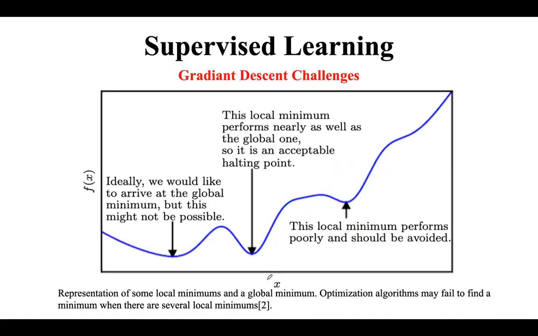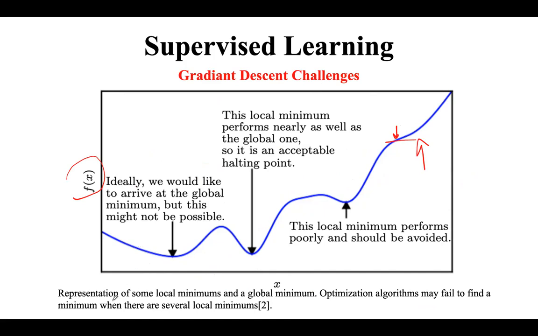But there are also some challenges using gradient descent. All functions are not as simple as f equals x squared. Now imagine you have a function that looks like this one. You might have different minima and also some points where f prime is equal to 0. For example, here, this is called a saddle point, where f prime x equals 0.